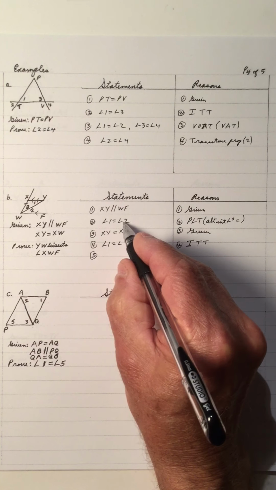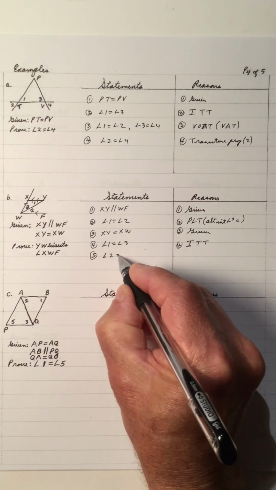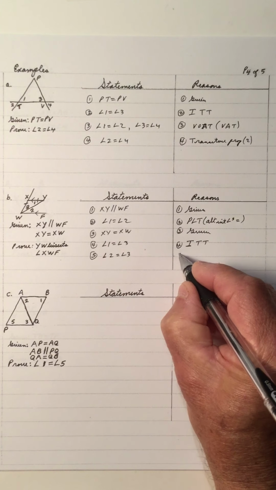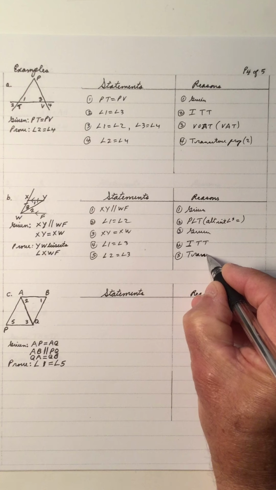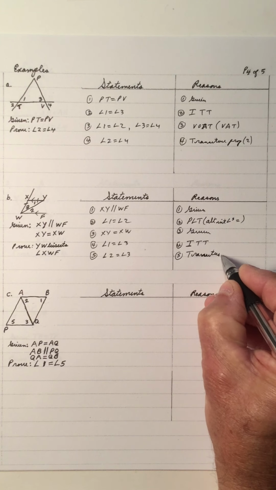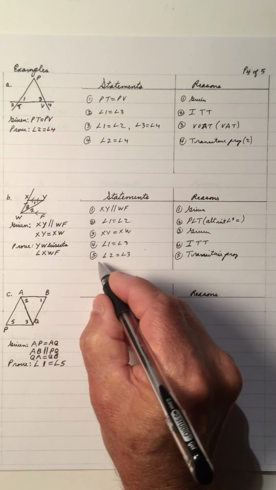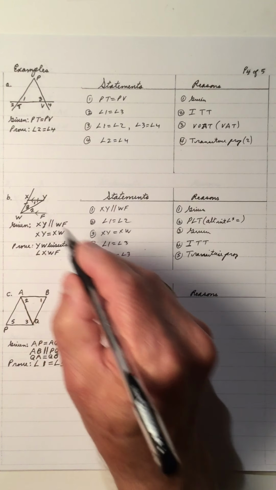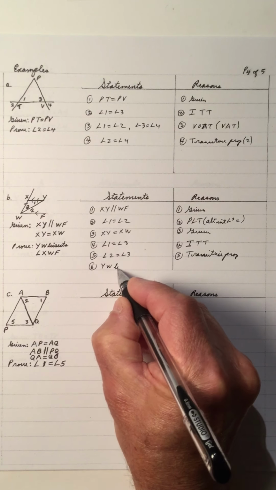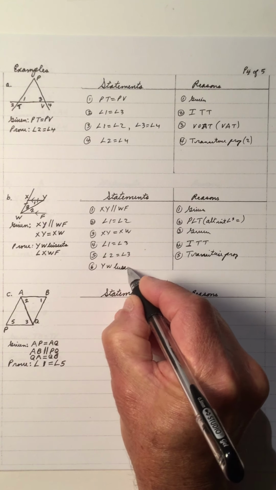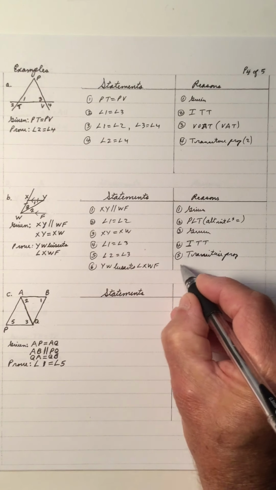Now we have 1 equals 2, 1 equals 3. So that means angle 2 is equal to angle 3. And that's the transitive property of equality. And as a result of angle 2 is equal to angle 3, that means that YW bisects angle XWF.